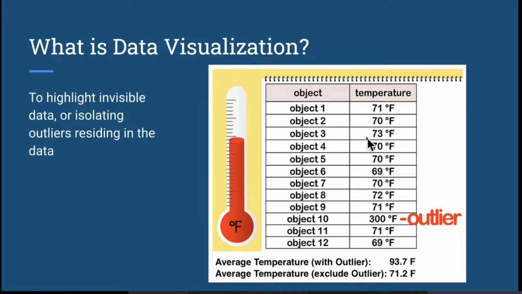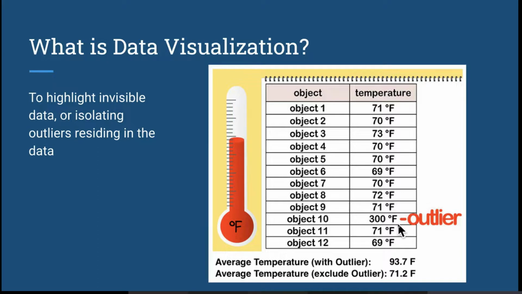We can see that the numbers are pretty consistent at 70 plus Fahrenheit until we come to this particular number, object 10, where suddenly the temperature increases to 300 Fahrenheit. After that, at 11 and 12, it drops back to 70 plus again. So this is what we call an outlier.